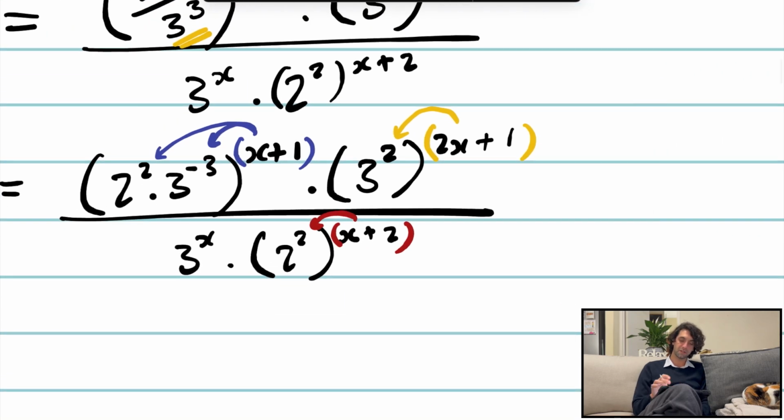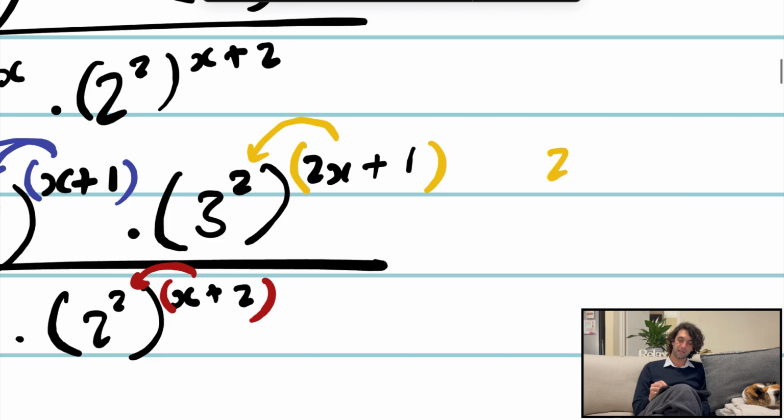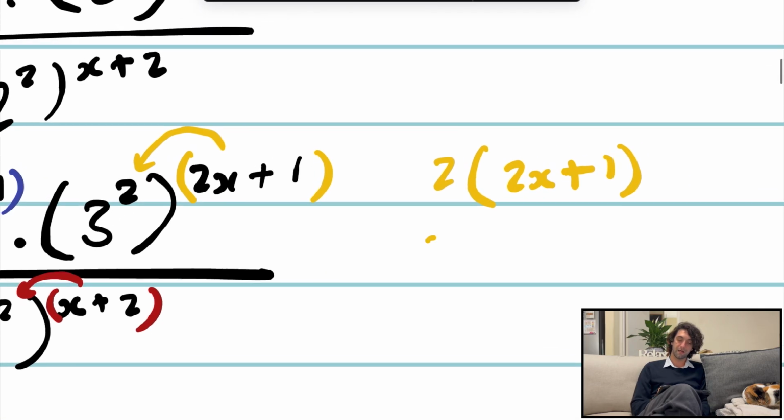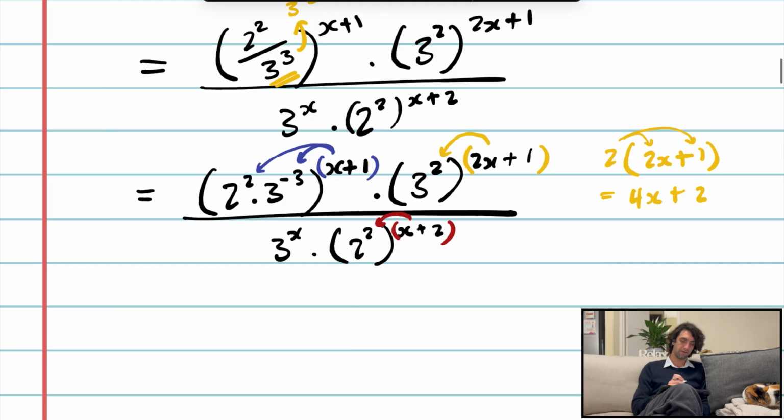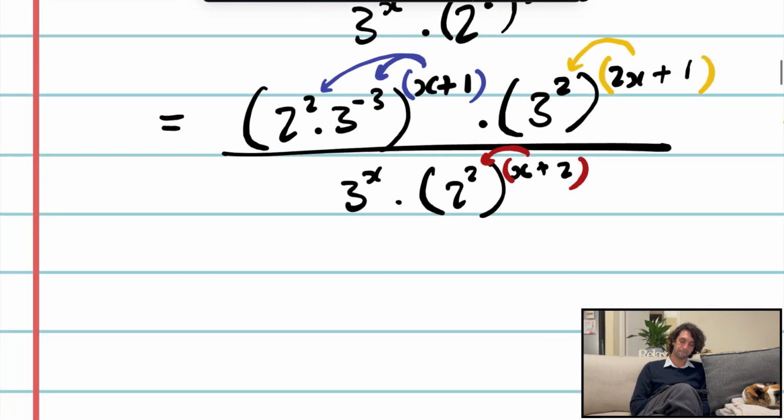But be very careful, just as an example, this one is going to become 2 to the power, 2 multiplied by 2x plus 1. Again, another very silly mistake that you guys make is you'll write this as 4x plus 1, forgetting that this 2 actually multiplies in with that 1 as well. So in actual fact, it is 4x plus 2. Okay, be very careful. No need to rush this.